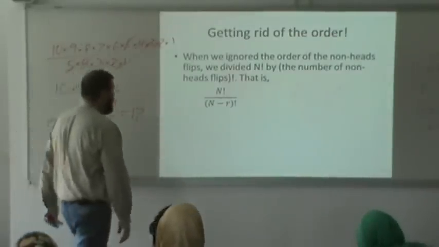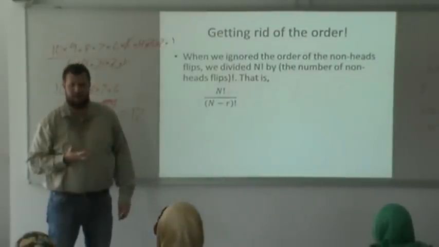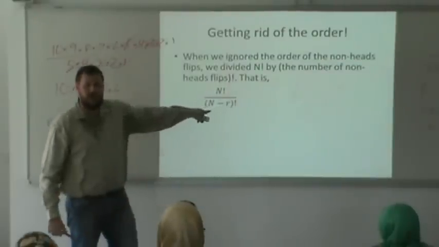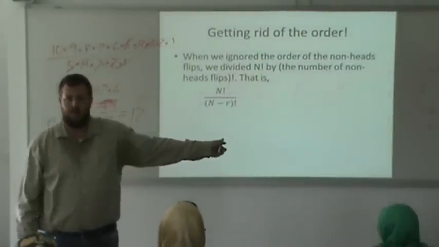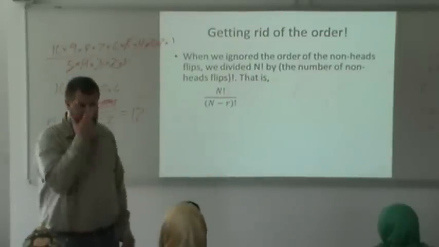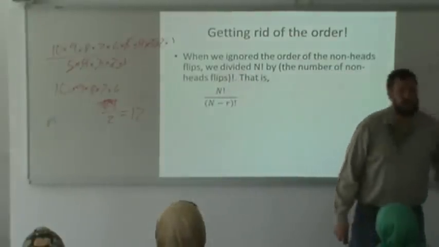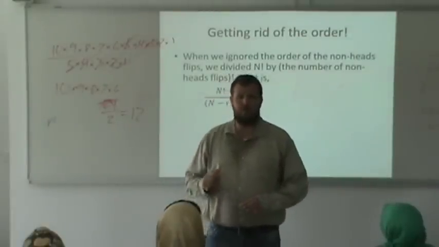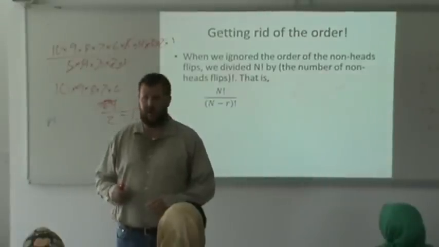Now, to get rid of the order that we had in the previous, what do you think we could do? If we divided by some factorial to get rid of order before, how do you think we could get rid of order now? Listen really closely to what I say.